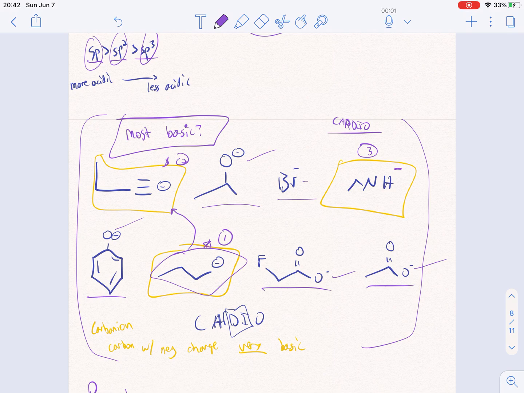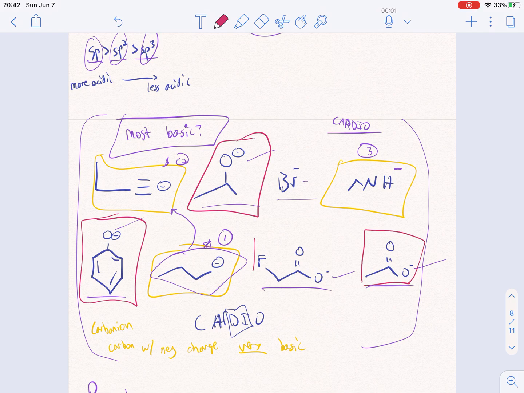So now we got our oxygen molecules, right? I would say that this one and this one are going to be the next two most likely, and I'm saying that because these have a little bit of an issue.